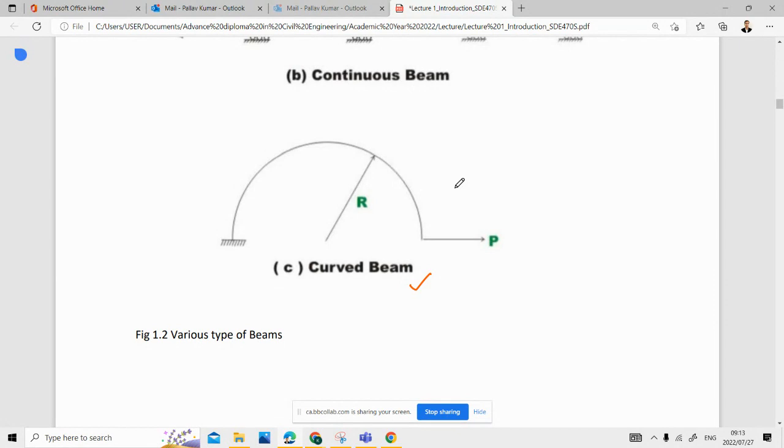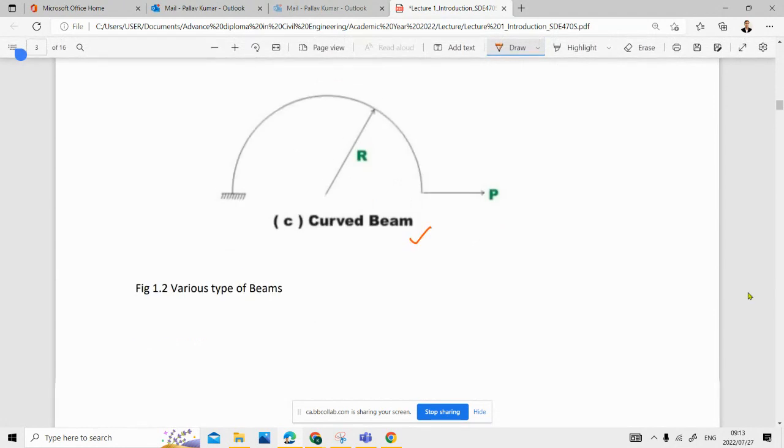Yes, you also need to understand design and analysis of curved beams. Thank you. I just need to know these things to include further while we do the revision of your modules. Perfect. Let's move on.